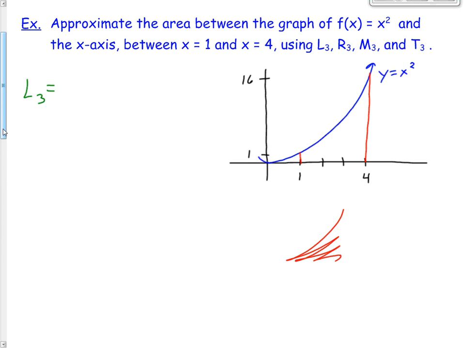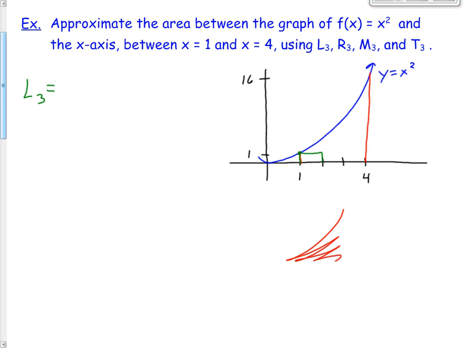So 3 intervals splits this into rectangles of width 1. So I'm going to make my first rectangle go right to there. Notice the height of the rectangle is the left-hand side of that subinterval.